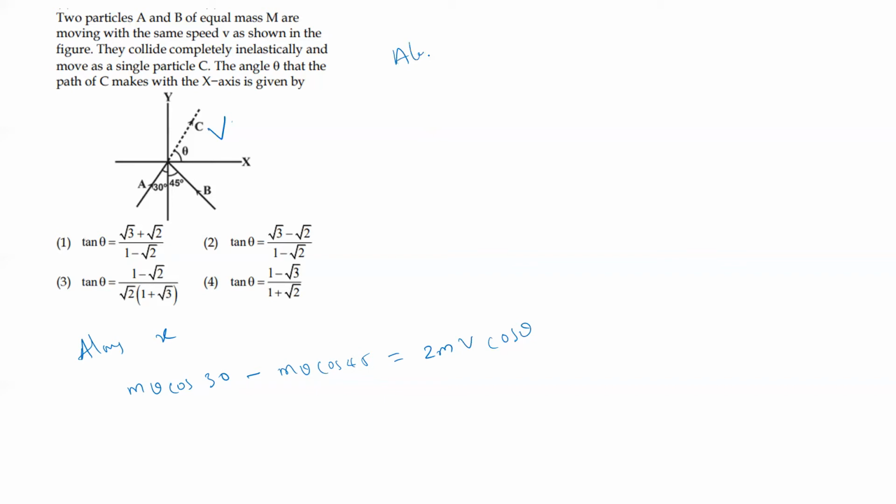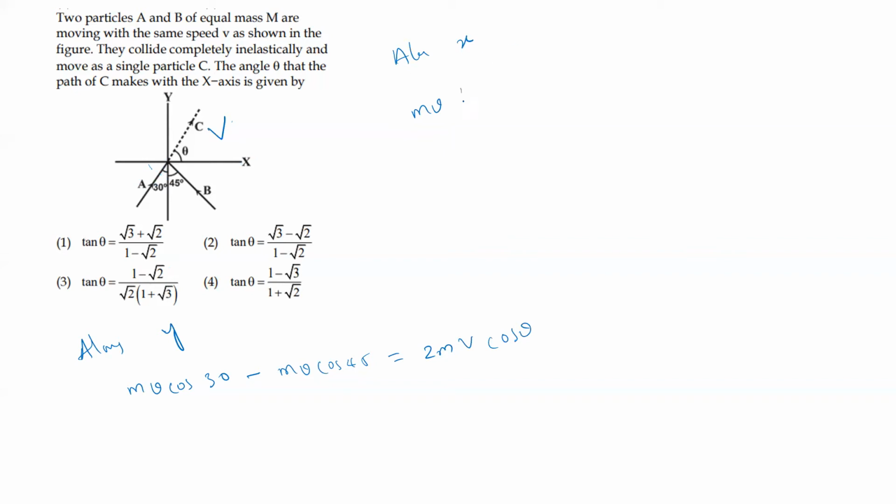Now along the y direction. This is not exact, this is along y, and this is along x. X means you will get cos theta. For y, you will get sin theta, because the theta is subtended here with the y axis.